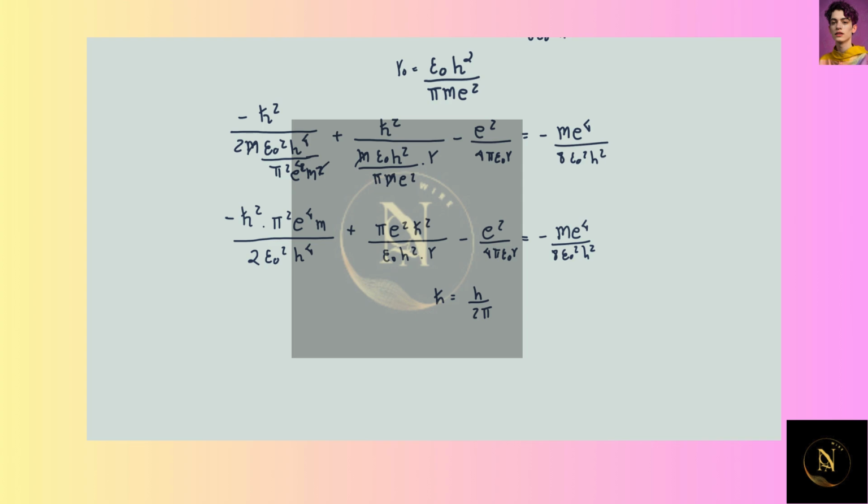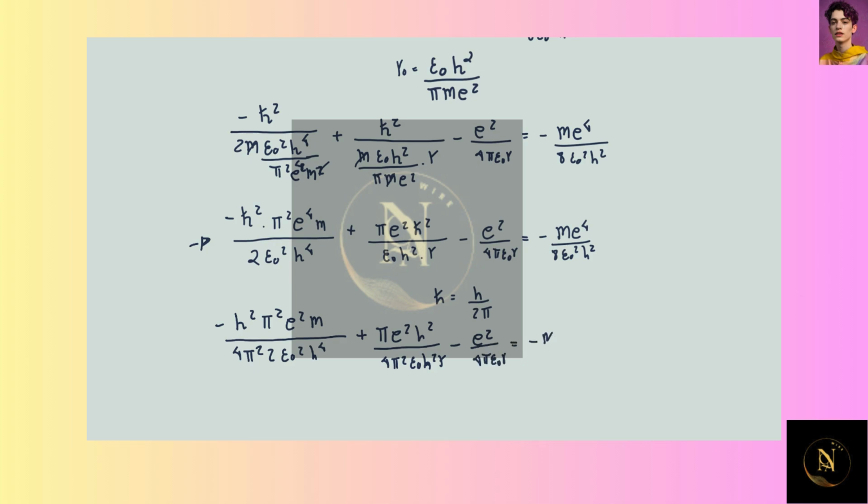Substituting this in this expression, we get minus h squared pi squared e squared m divided by 4 pi squared times 2 epsilon 0 squared h to the 4th, plus pi e squared h squared divided by 4 pi squared epsilon 0 h squared times r, minus e squared divided by 4 pi epsilon 0 r.